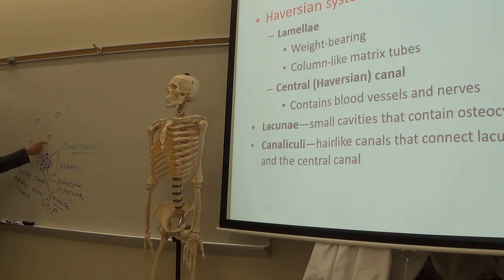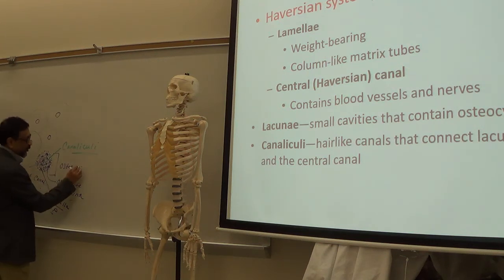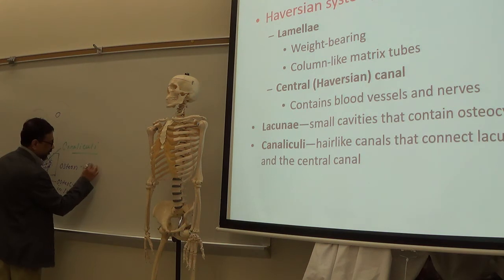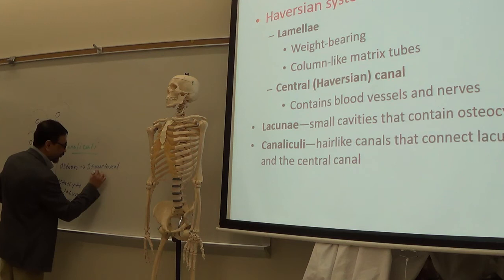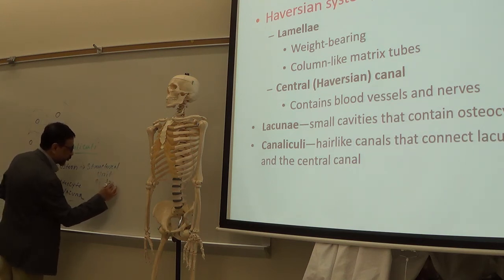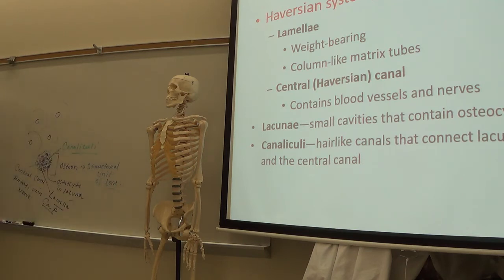So this is the structure of a compact bone, and all osteons are the same. All these structures are inside the osteons. And each osteon is the structural unit of the compact bone. Structural unit of bone. Okay? Now, actually, if you see the structure of a compact bone, it is like this.